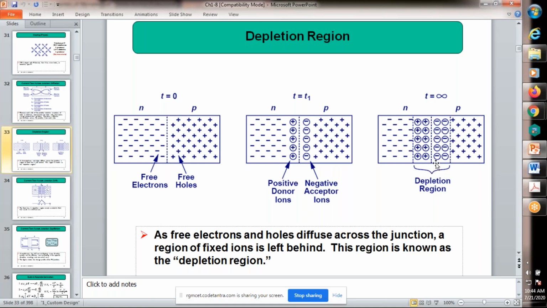There are no charge carriers; within this region all bonds are tightly bonded. Remember this one: depletion region, the charge carriers are depleted. As free electrons and holes diffuse across the junction, a region of fixed ions is left behind. This region is known as the depletion region.